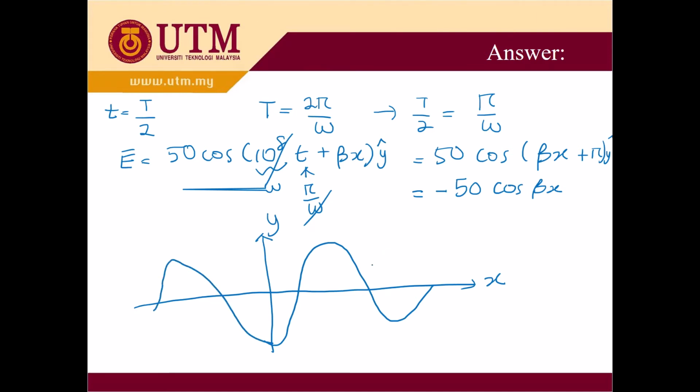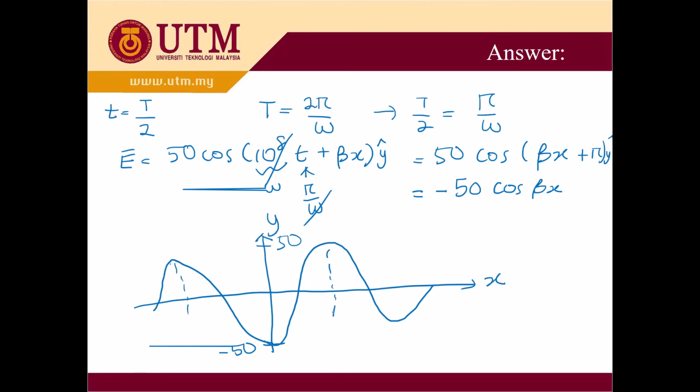I forgot to mention the amplitude, because the amplitude here is minus 50. The amplitude in the previous one is 50, same as before. This is a complete cycle.